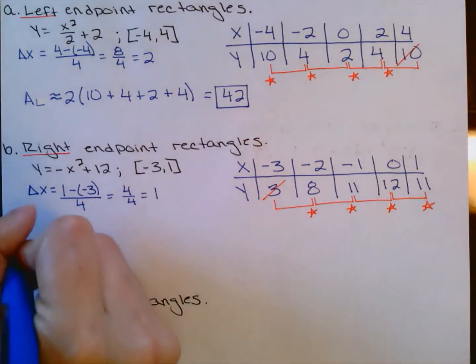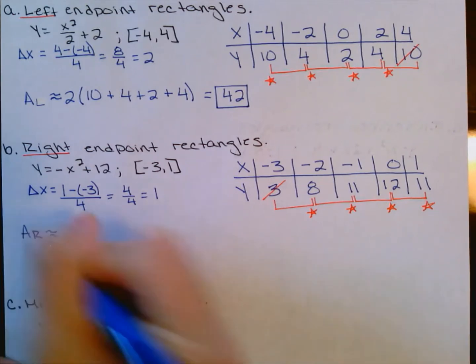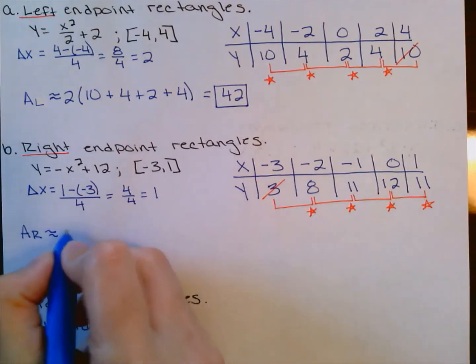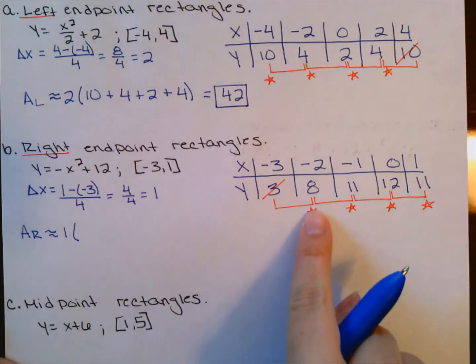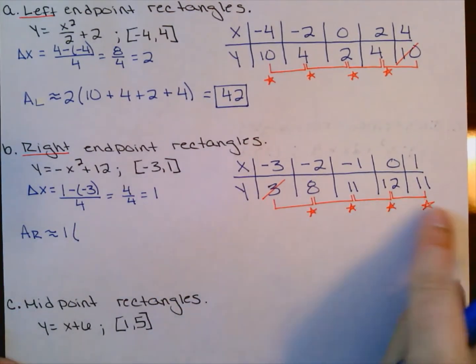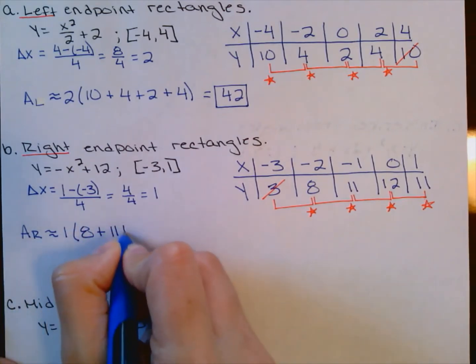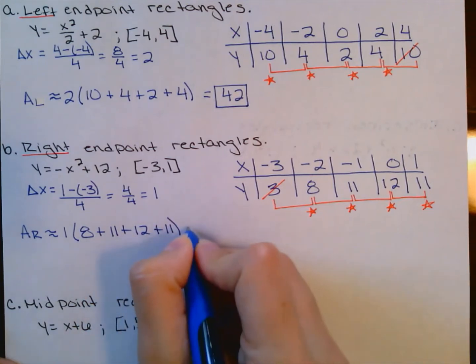So now, for my area approximation according to the right, it is delta x times each of my heights. So I'm going to factor the 1 out to the front. 1 times anything is going to be itself anyways. And I'm going to add up my different heights. So I have 8 plus 11 plus 12 plus 11.